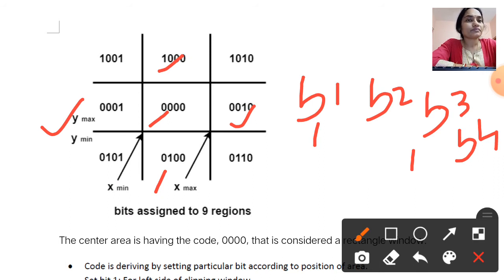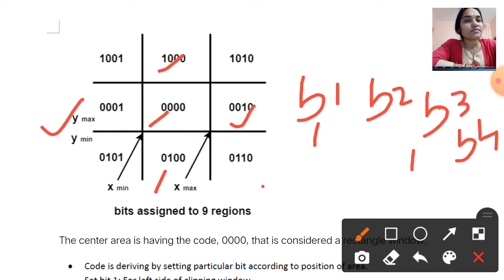Okay, after the 4 cases we found, then consider the 4 diagonal corner cases. In these diagonal corner cases, this value and this value we can check. In this value, the second position is your bit 1 and here the third position is 1.